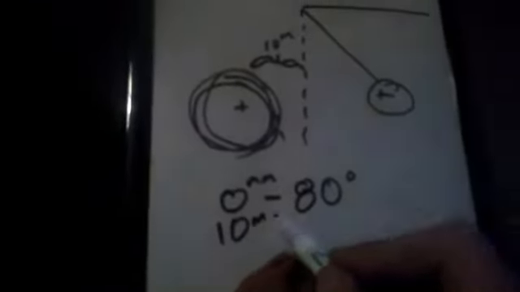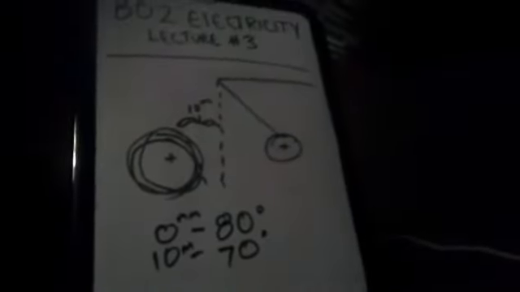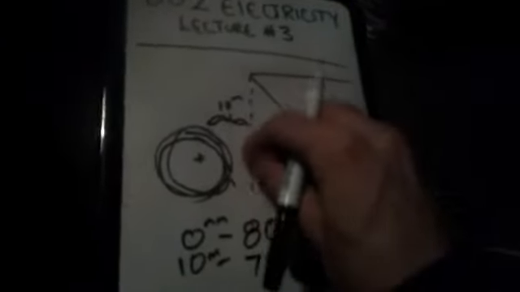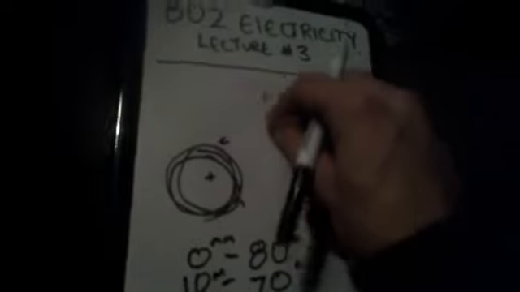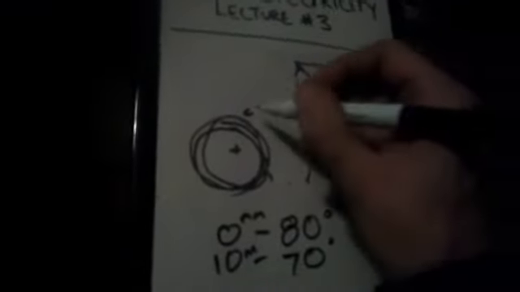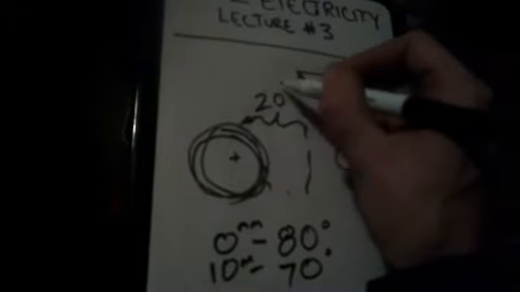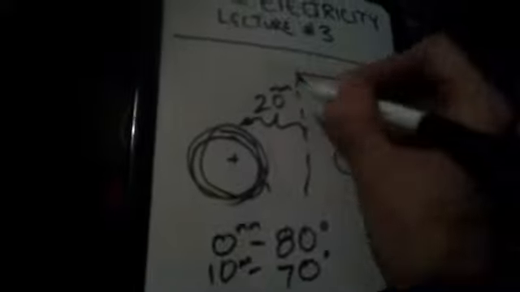So at 10 millimeters, it would be 70 degrees. Then we come way out here. Now we're going to go out to 20 millimeters, okay? So now it's 20 millimeters.